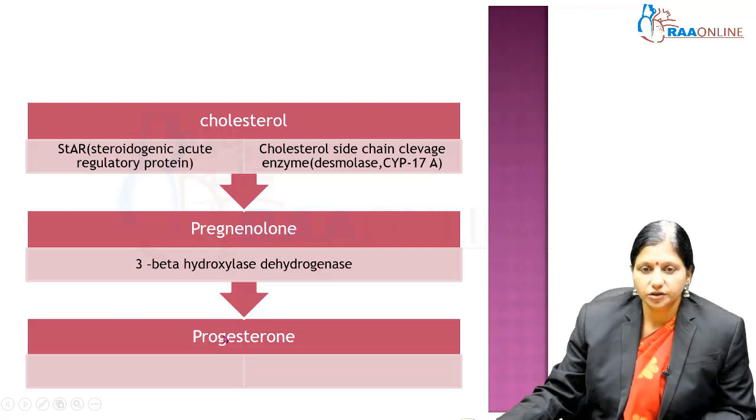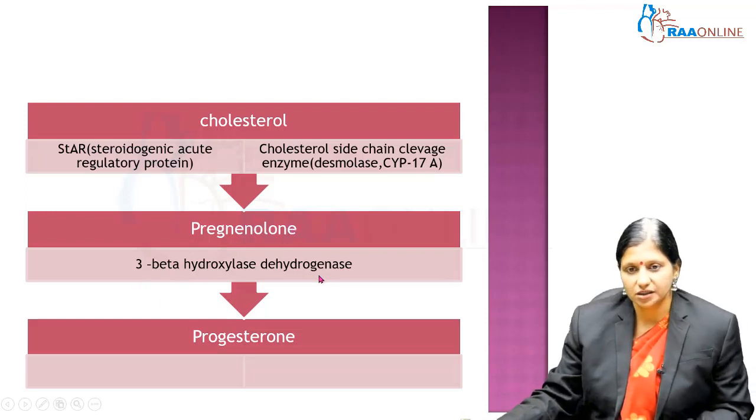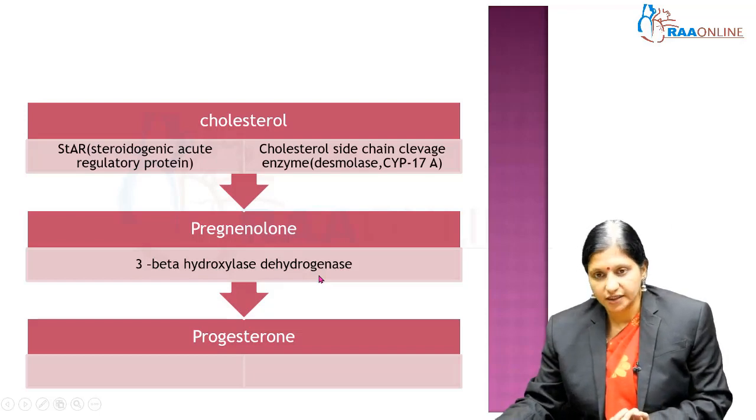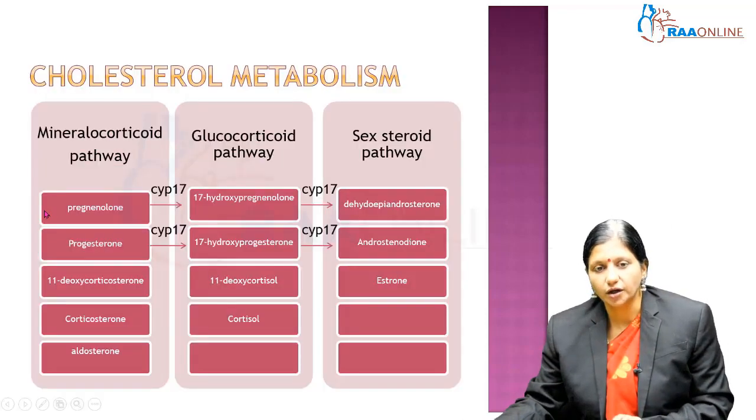Pregnenolone gets converted to progesterone by 3-beta hydroxysteroid dehydrogenase. Now this progesterone goes either into the mineralocorticoid pathway, the glucocorticoid pathway, or the sex steroid pathway. The mineralocorticoid pathway goes from pregnenolone to progesterone to 11-deoxycorticosterone to corticosterone and to aldosterone.